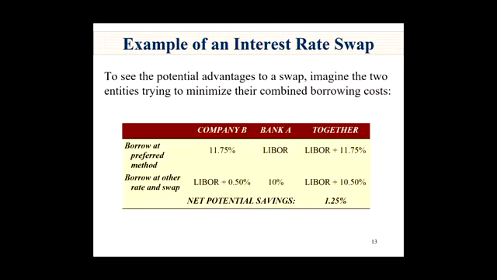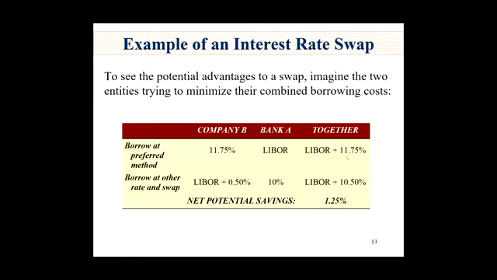Well, imagine that they're going to try and combine their borrowing costs. Now, remind me again, Company B wanted to borrow what? Company B wanted to borrow fixed and Company A wanted to borrow floating. So if they do that, then B will borrow at a fixed rate of 11.75 and A will borrow at LIBOR.